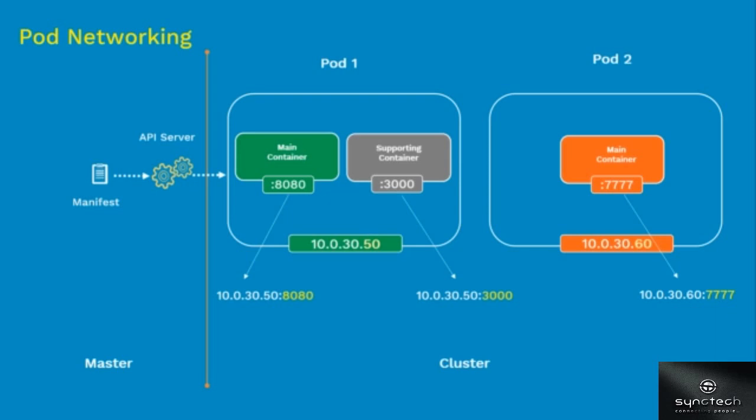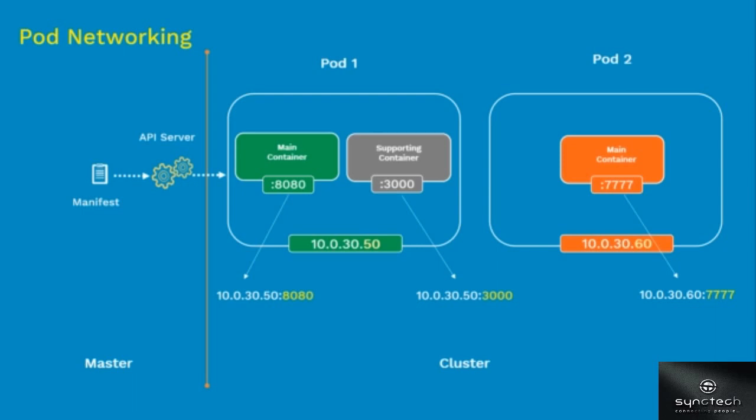But there should be one distinct thing which gives a unique way to identify each container. That's where the ports come in. As you can see, the main container in pod 1 has port 8080, so it can be accessed using the pod IP and port number 8080. Similarly, the supporting container in pod 1 can be accessed using the same pod IP and port number 3000.